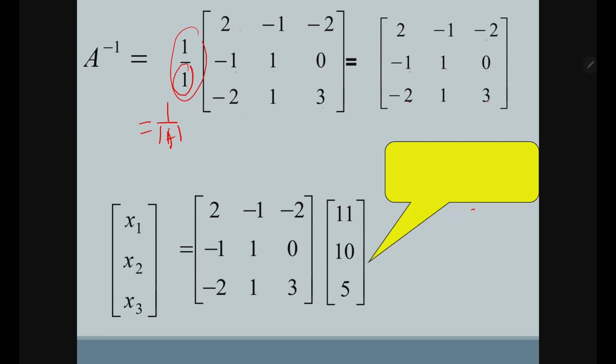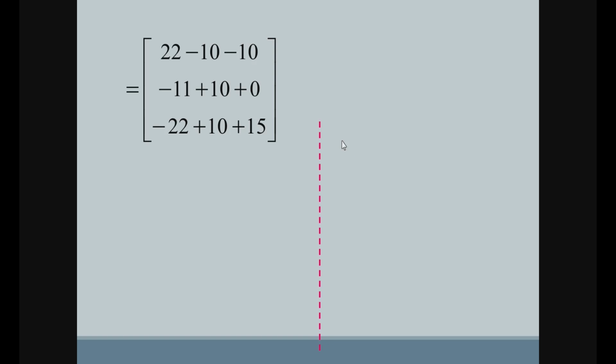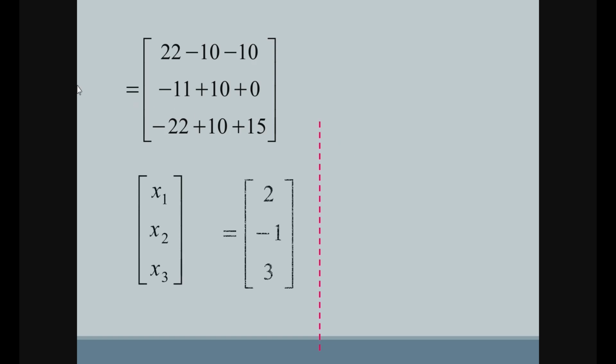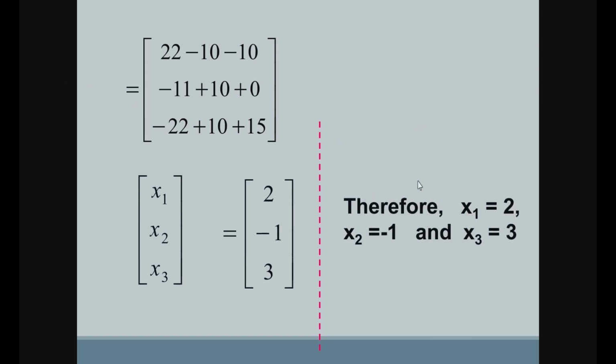So we need to multiply, x equal to A inverse times B. Then we can get the value of x1 equal to 2, x2 equal to -1 and x3 equal to 3.